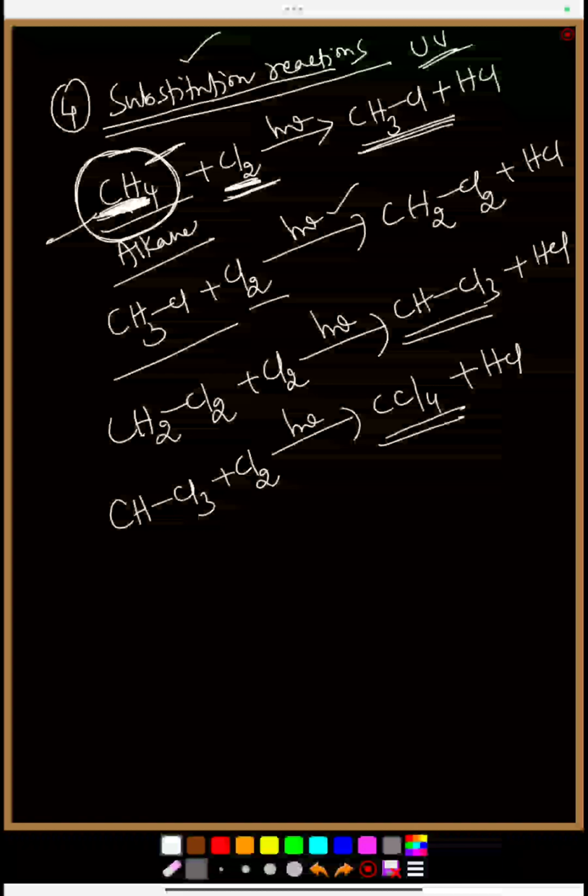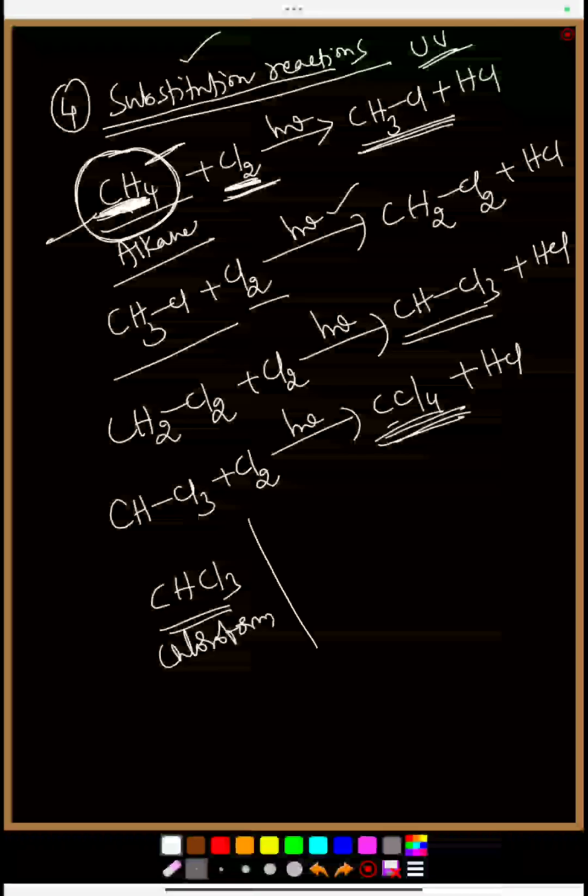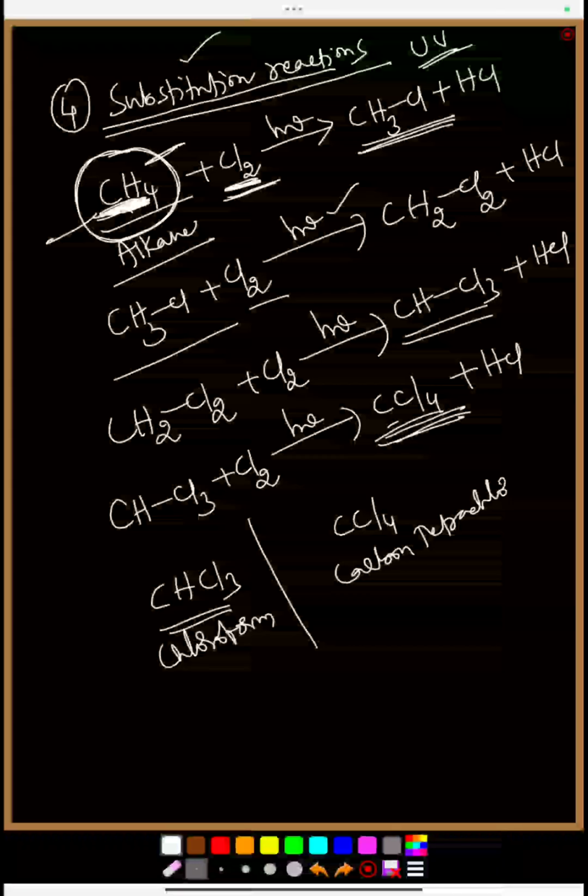Here the CCl4 is called carbon tetrachloride. So very important, CHCl3 chloroform and CCl4 carbon tetrachloride. These two are very important compounds.